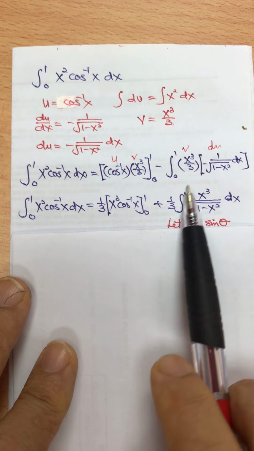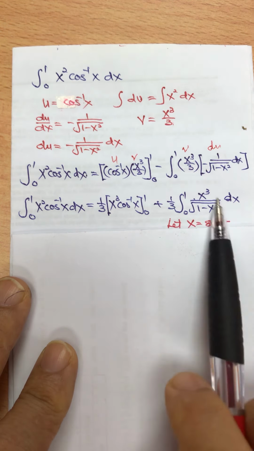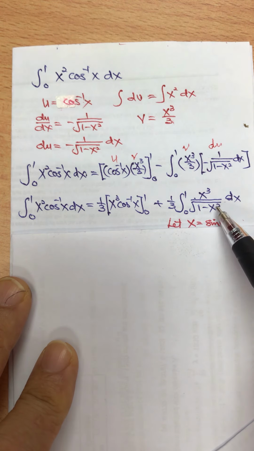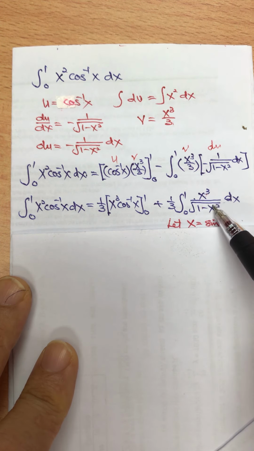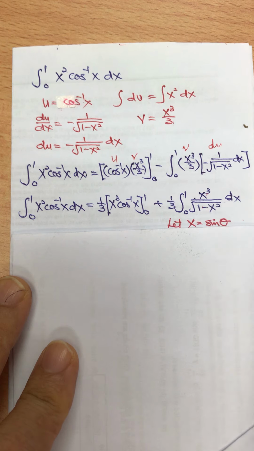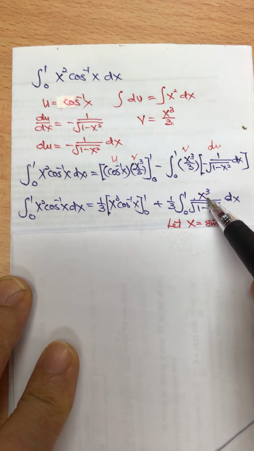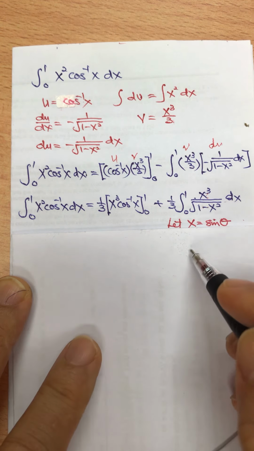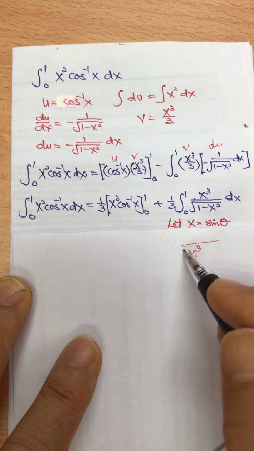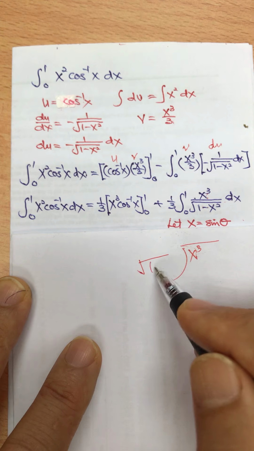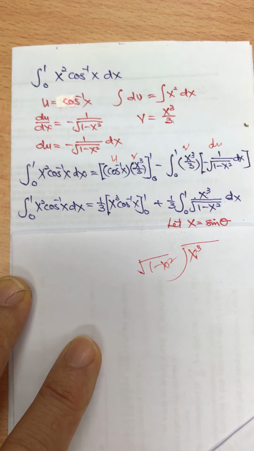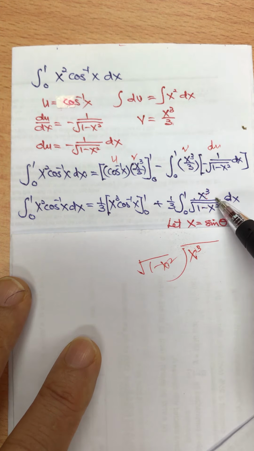So how to integrate this? Of course, when you look at it, you know this is an improper fraction. But this improper fraction you cannot change into proper by using long division, because how are we going to divide like this? You cannot, even though it's improper.